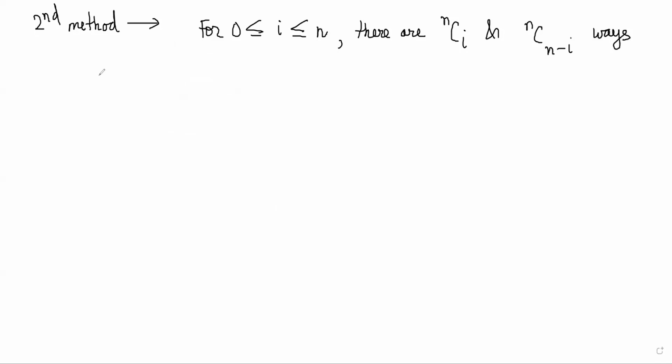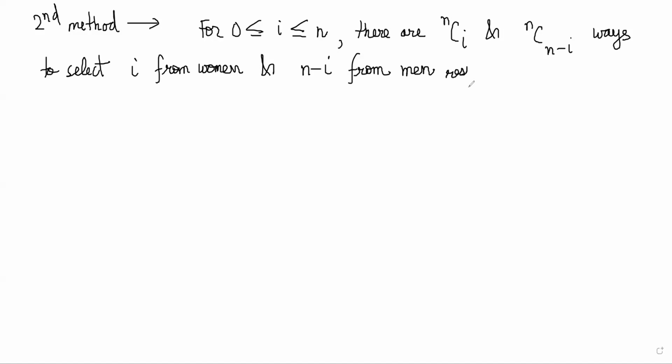Here what we'll say is, for 0 less than or equal to i less than or equal to n, there are nCi and nC(n minus i) ways to select i from women and n minus i from men, respectively.